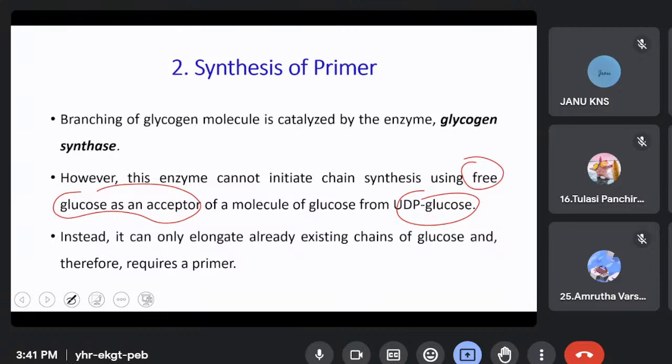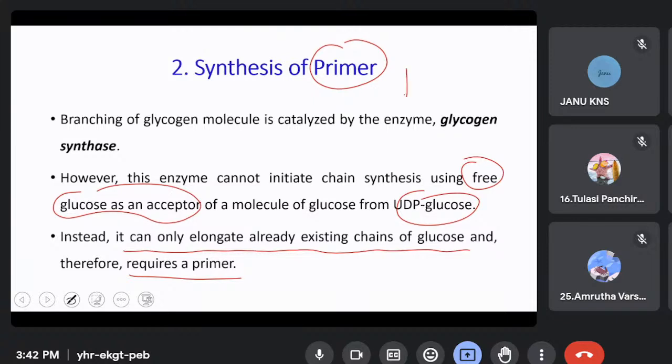Rather, it requires something else, which we call a primer. So it can only elongate already existing chains of glucose and therefore requires a primer. Even during DNA replication, there is a primer to which the nucleotides are added.